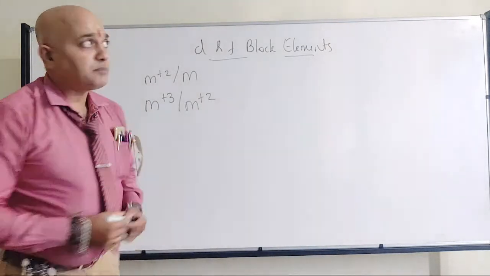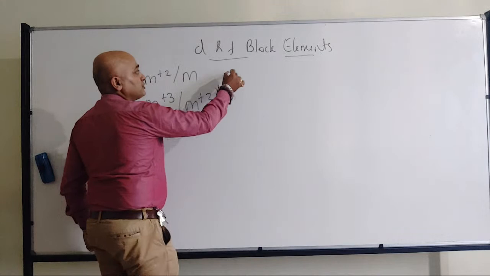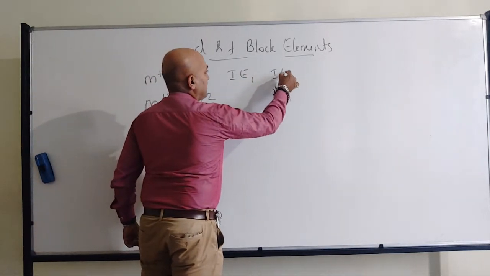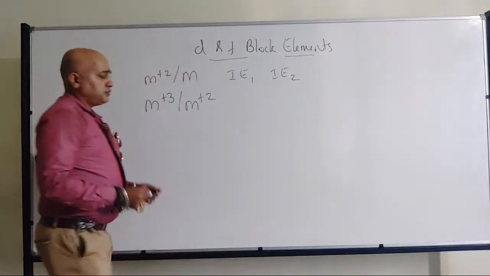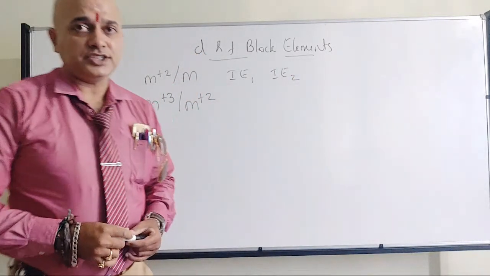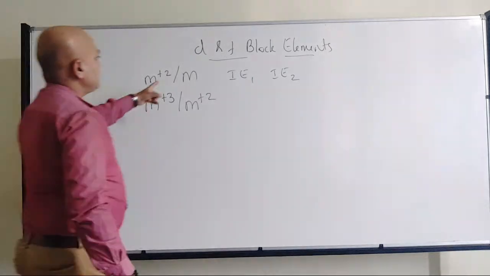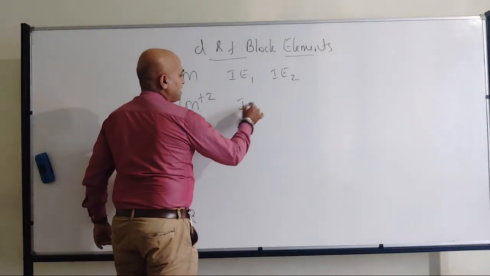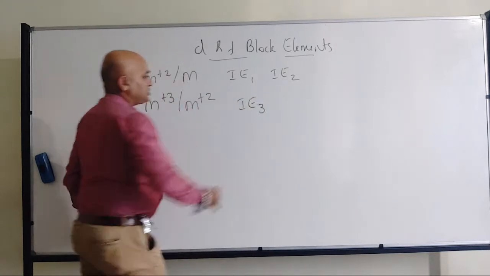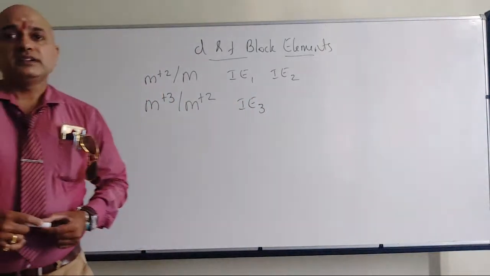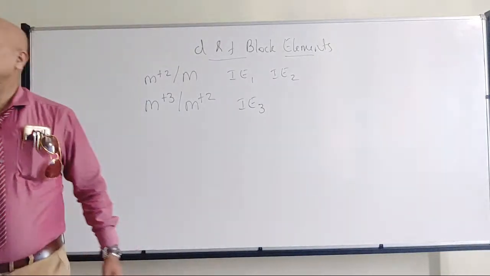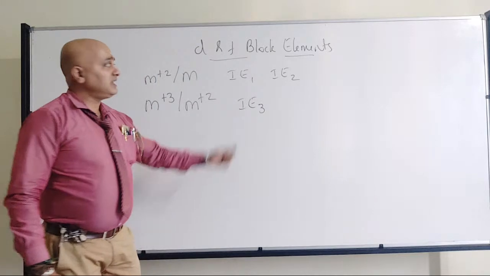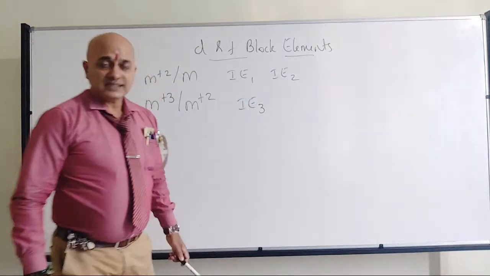Now when I am talking about M plus 2, we are going to deal with ionization potential 1 and ionization potential 2, that means ionization energy, the energy required to remove the electron. When talking about M plus 3, we are dealing with ionization energy 3. That's what we were talking about in the last class. Which element is going to donate 2 electrons easily?